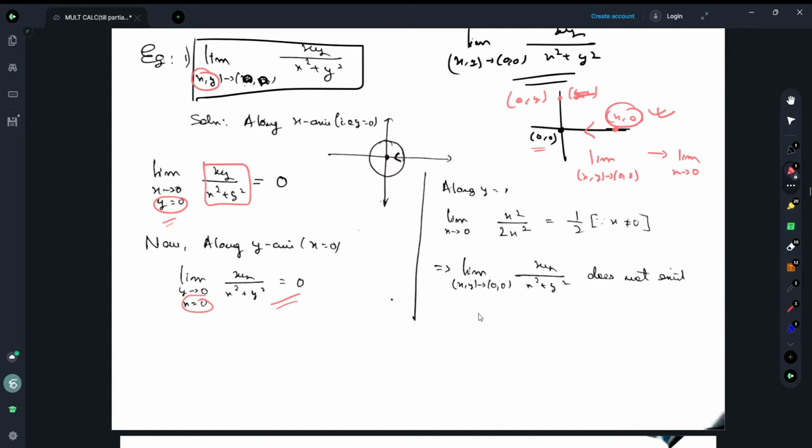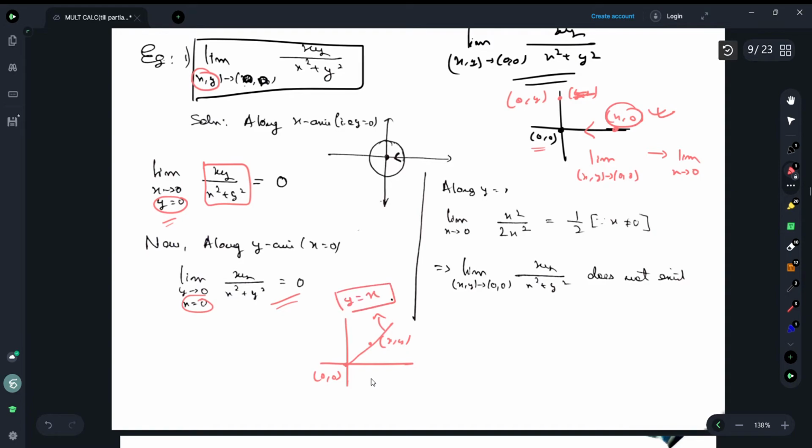Thus, we have x not equal to 0 and y not equal to 0. And the point is approaching the origin, right? So, suppose this is the origin, obviously, and you take a point somewhere, let's say here. You take the point such that this point lies on the curve y equals x.